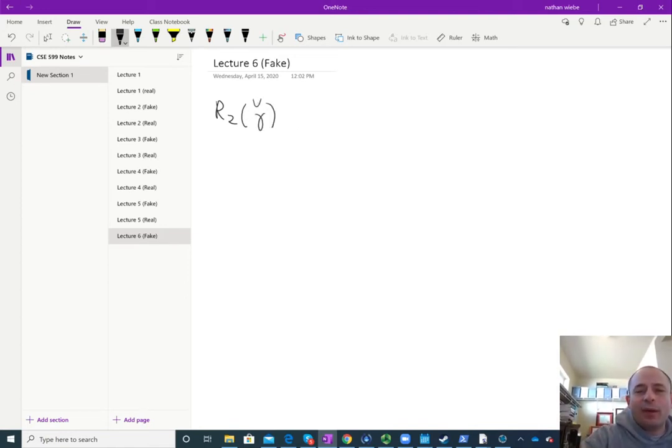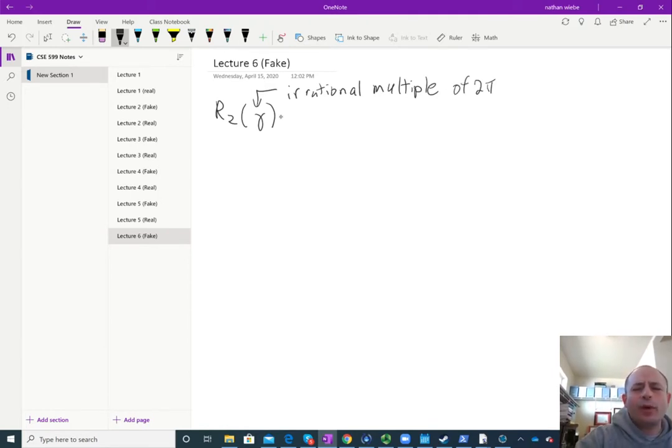And this angle gamma, we're going to want this to be an irrational multiple of 2 pi. Or, in other words, we want to make sure that gamma over 2 pi is irrational.